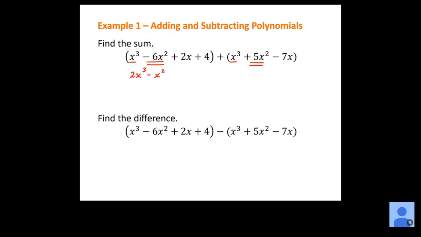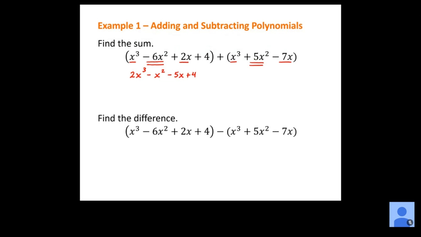All right, and then we have our 2x right here, and we have a negative 7x down here. So when I add those together, 2 plus negative 7 is negative 5. So we get negative 5x. And then finally, we have this plus 4. Notice there's no constant terms that I can combine with that 4. So this is just going to stay plus 4 now.